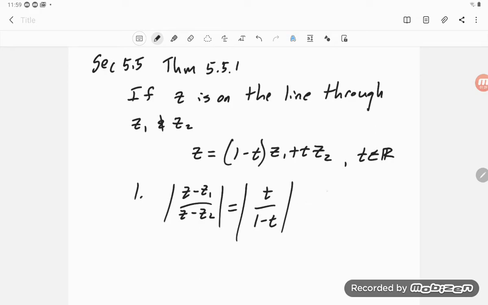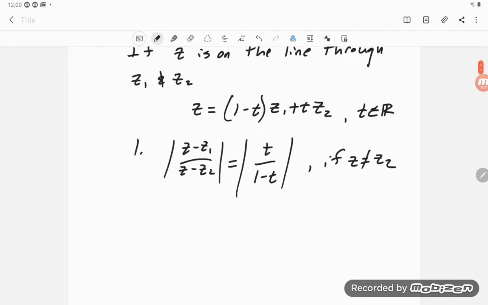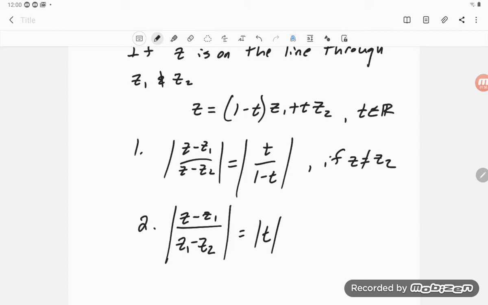And now that, of course, is if z is not equal to z2. And then a second formula: the absolute value of (z minus z1) over (z1 minus z2) is equal to the absolute value of t. So that's kind of neat.